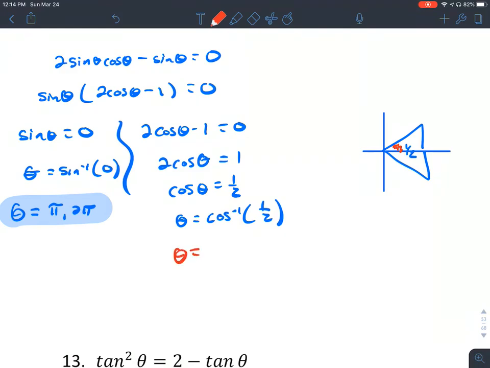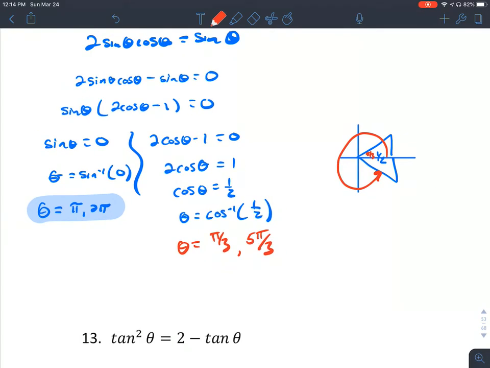So one of my answers here is pi over 3. And then the other answer is going to be 2 pi minus pi over 3, which is going to be 5 pi over 3, I believe. So those are our 4 answers for that.